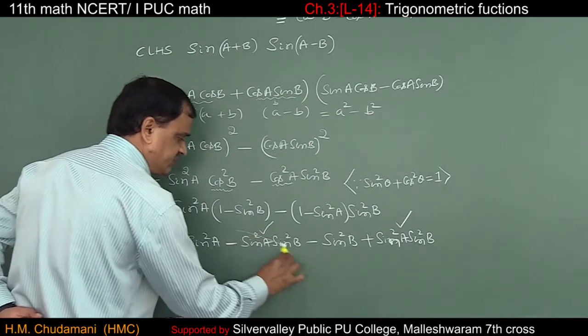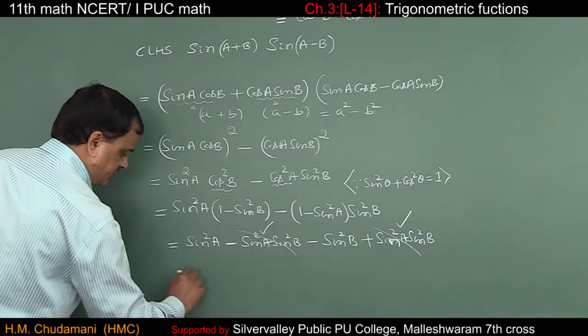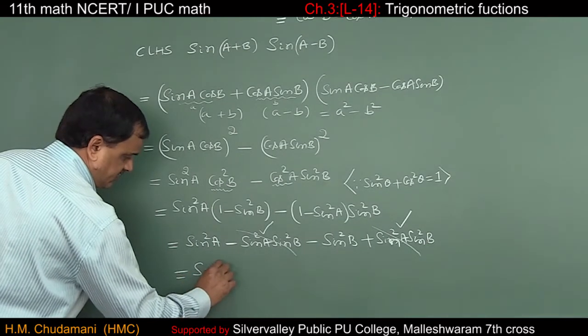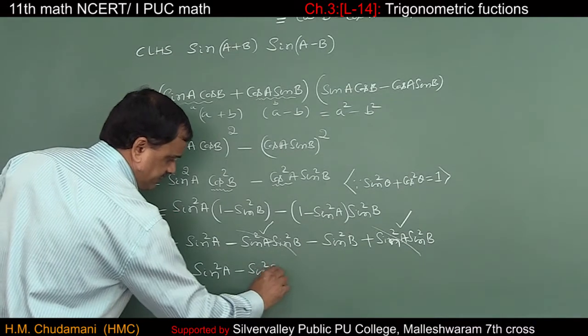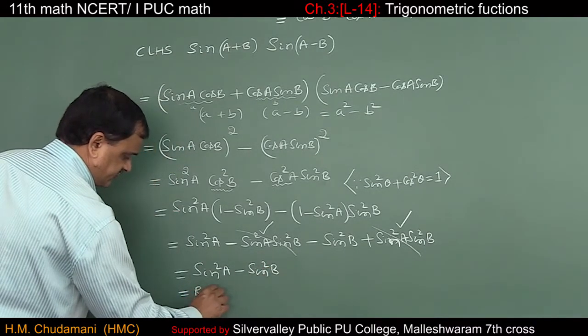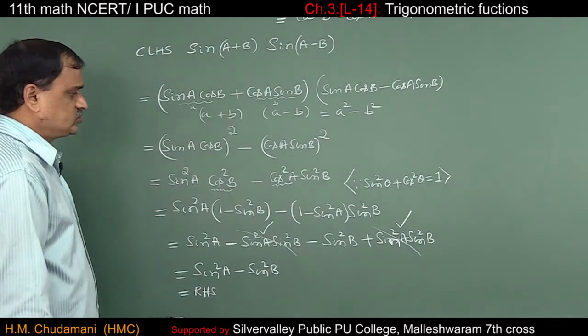This is minus sin²A sin²B plus sin²A sin²B, which gets cancelled. Now we are left with sin²A minus sin²B. This is the RHS. The other part you are supposed to prove.